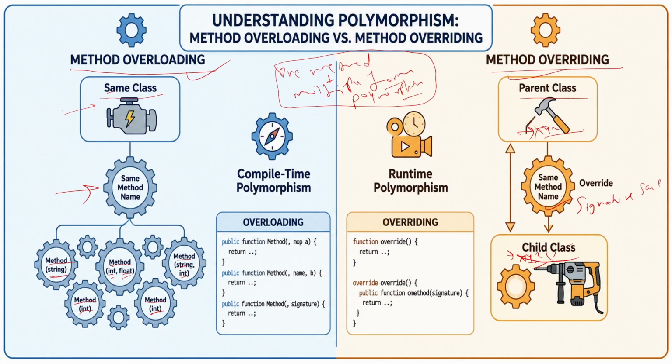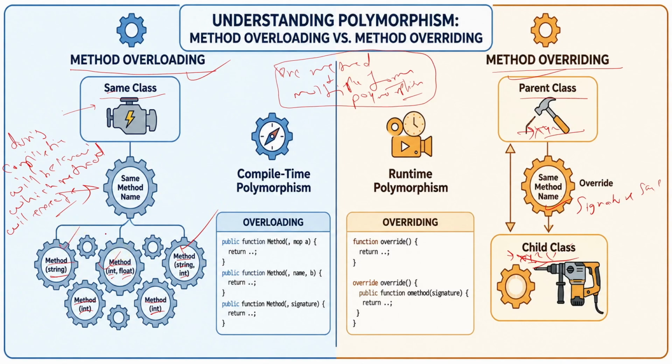But both are different. How? In method overloading, during compile time only we will know which method will get called, this method or this method.